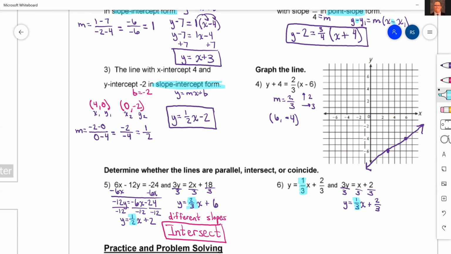What do we notice? They're the same slope. What about our intercepts here? Same intercept. So which one means same slope and same intercept? Coincide.